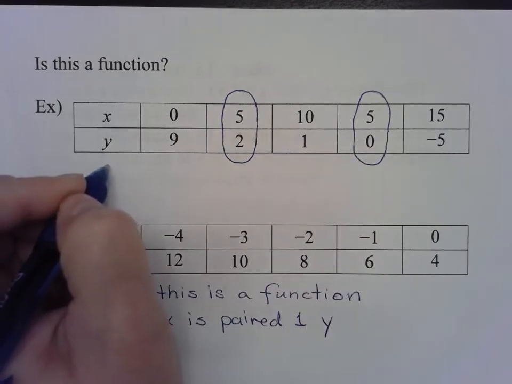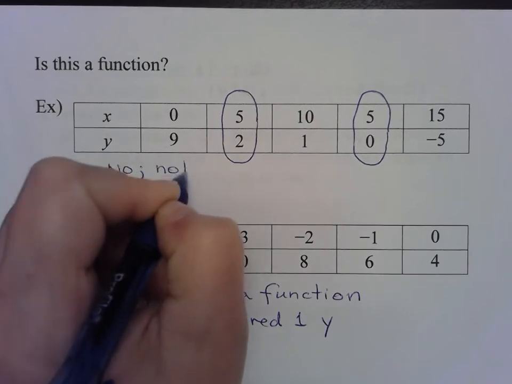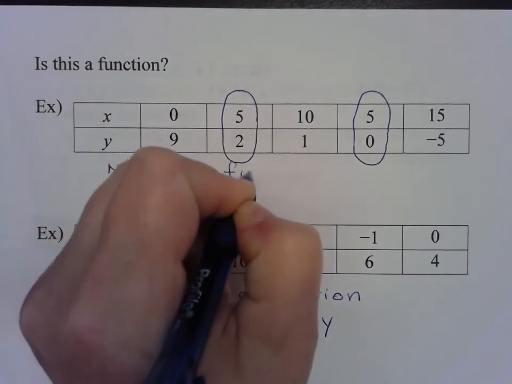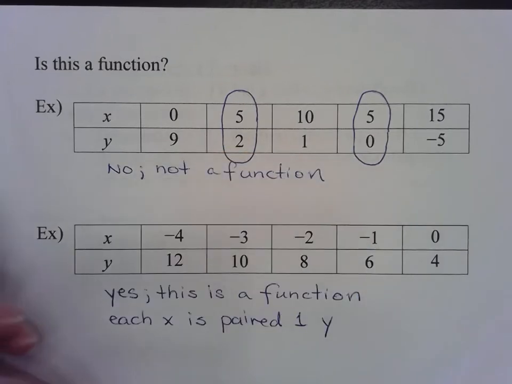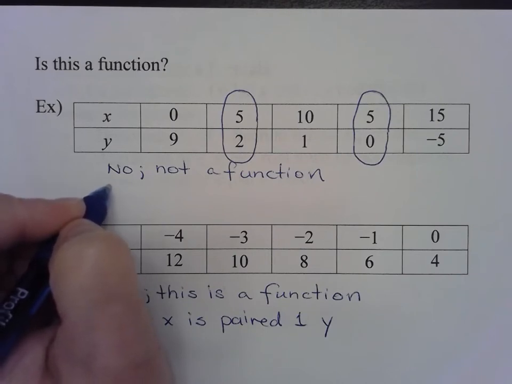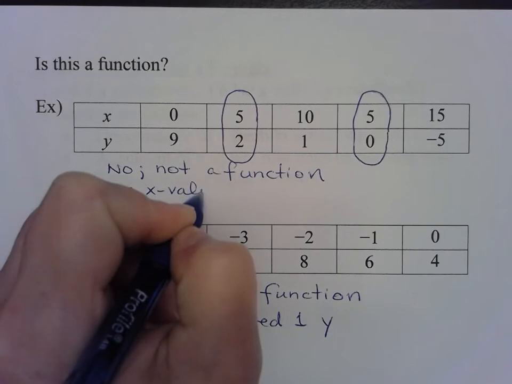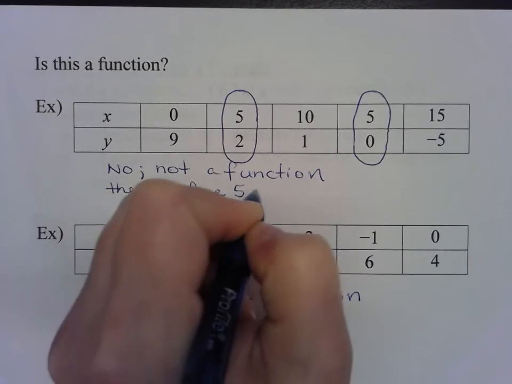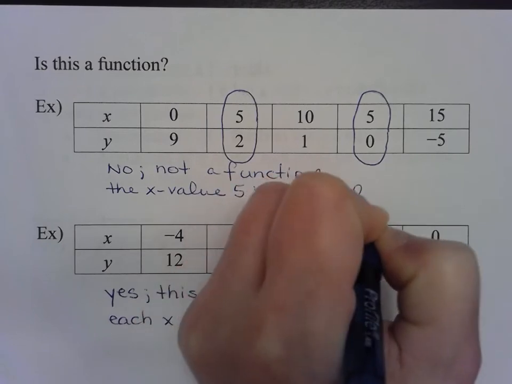So we would say no, this one is not a function. If you were asked to justify that, you would say something like the x value 5 is paired with 2 different y's.